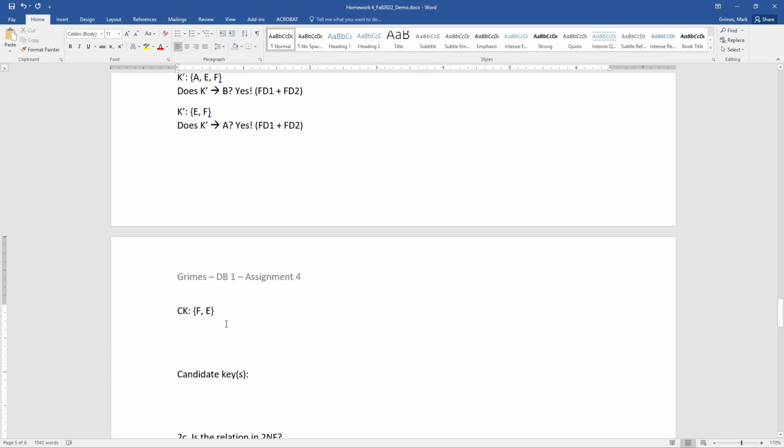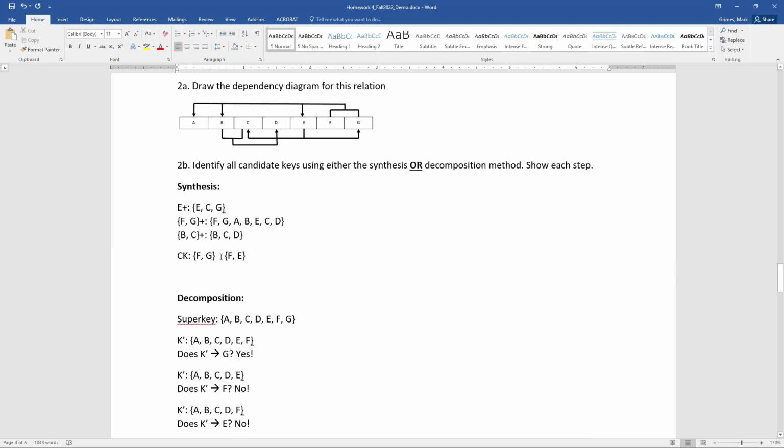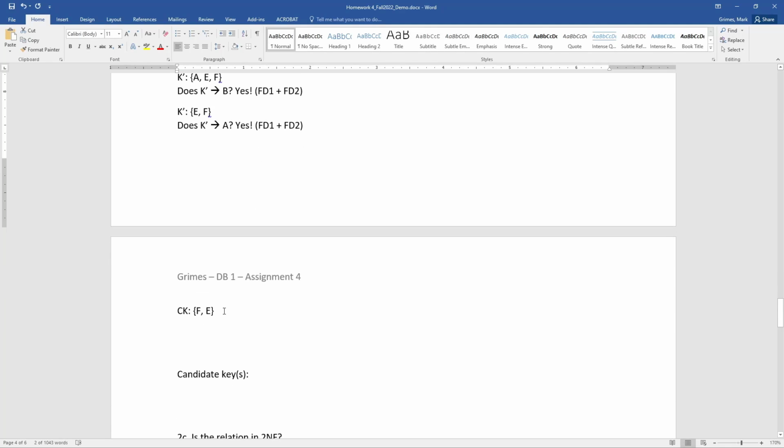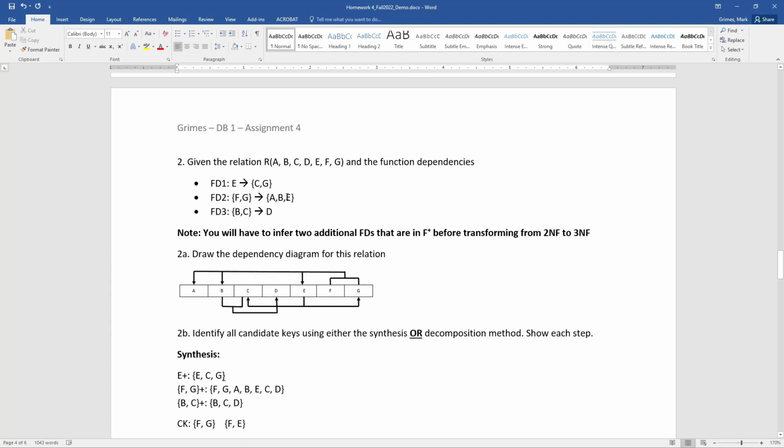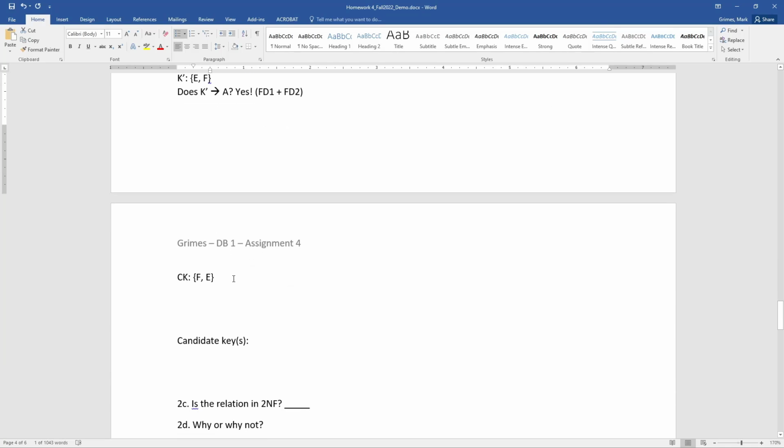FE, which is, of course, one of the candidate keys that we originally found, and it was the second candidate key. It doesn't really matter what order we find these in, but through decomposition, we identified this candidate key of FE. Are either of these attributes dependents in any of the functional dependencies? In this case, yes, E is functionally determined by FG.